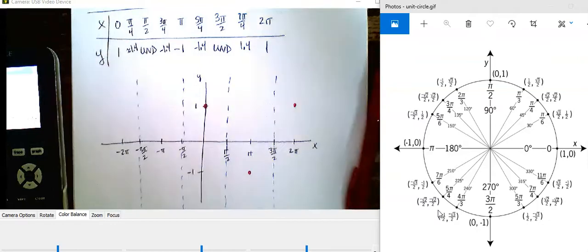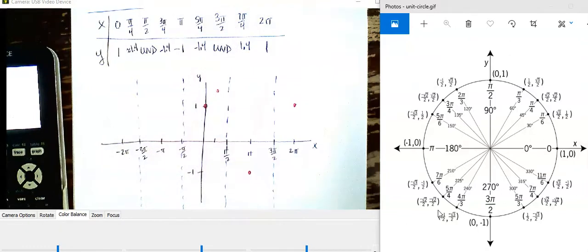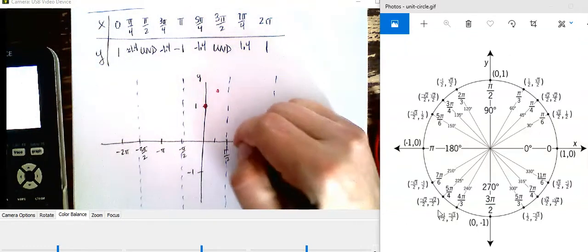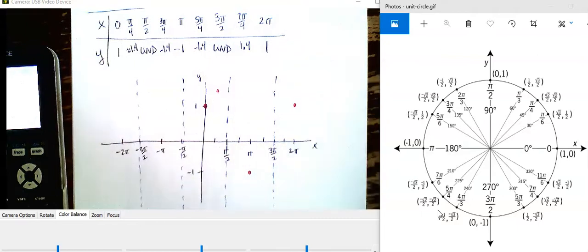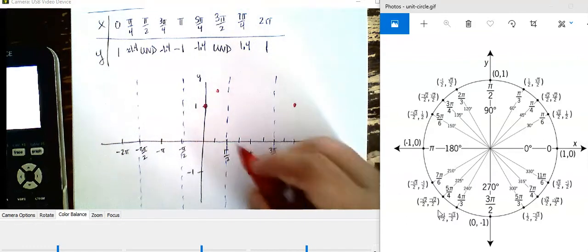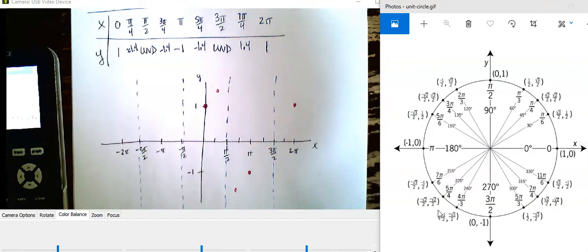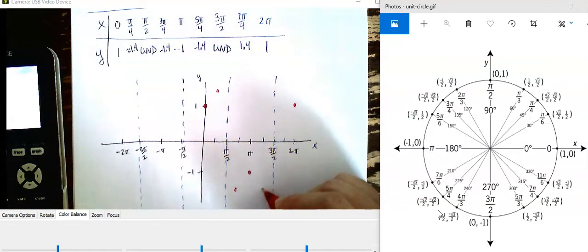So at pi over 4, it's about 1.4, so maybe right about there. So we're going to make little marks, halfway marks for our pi over 4s. At 3 pi over 4, we get negative 1.4. And 5 pi over 4, we get negative 1.4.